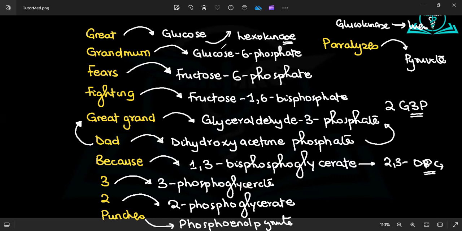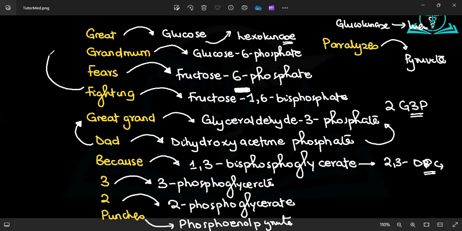the rate determining step of this whole process is actually here. Isn't it? Yes, Doc. Which enzyme is responsible for converting fructose 6-phosphate to fructose 1,6-bisphosphate?